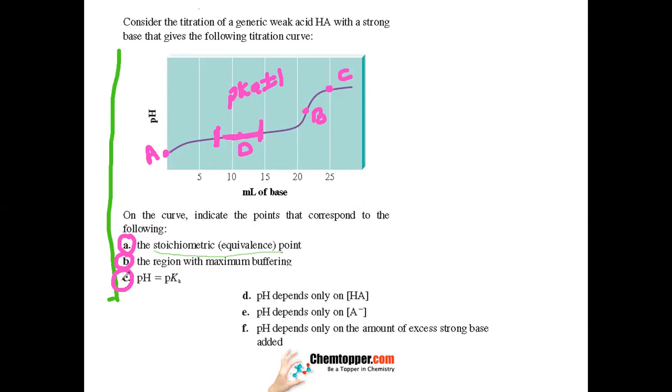So when you use the Henderson equation, pH equals pKa plus log millimoles of the conjugate over millimoles of the acid. That ratio is 1. So pH equals pKa. So which point? Atharva, which point? You already know it. The half equivalence point, D. D is pH equals pKa. Yes, Partha, very good.